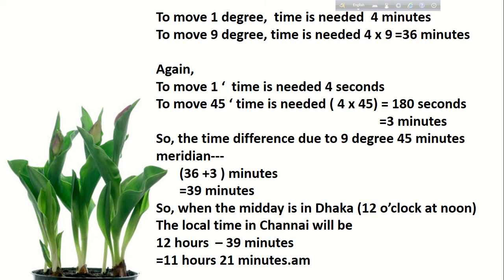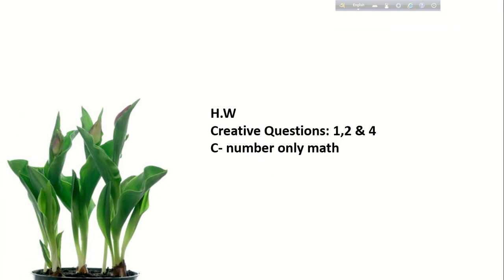If you practice some mathematics, you can understand it clearly. For you, the homework will be the creative questions. Go to your book, the creative questions part, and here the math questions 1, 2 and 4, the C number, depend only on this stem.